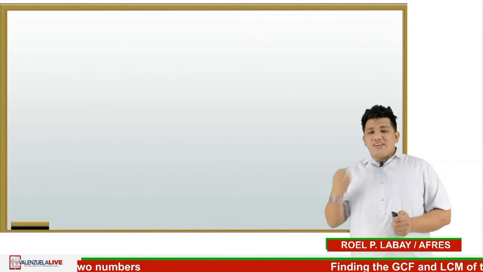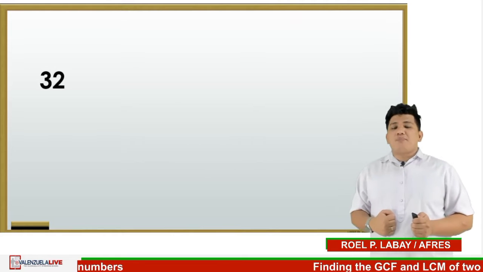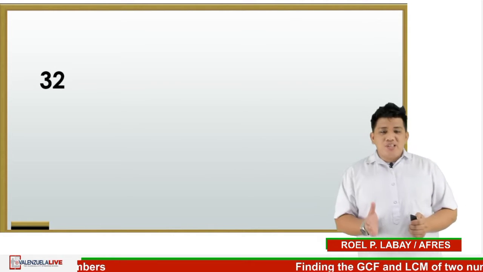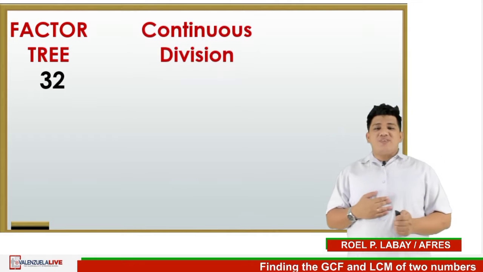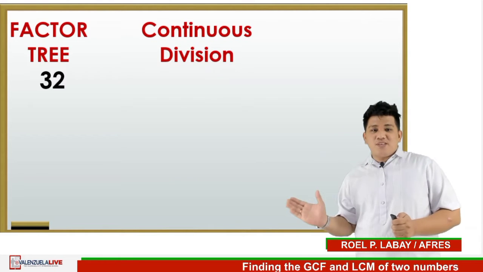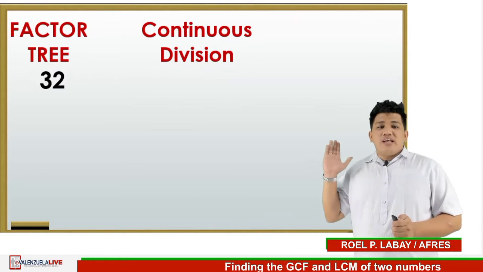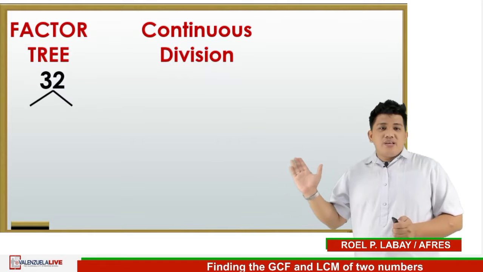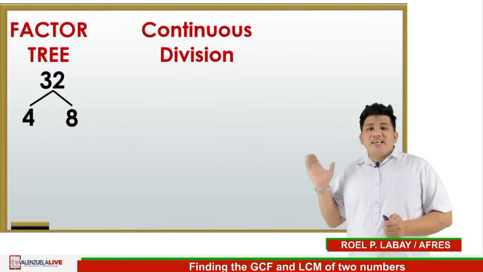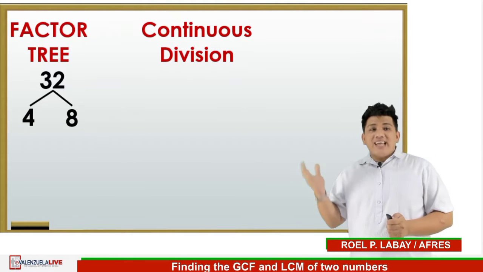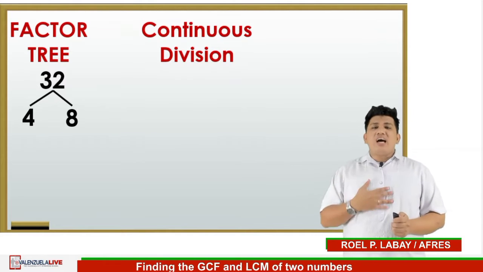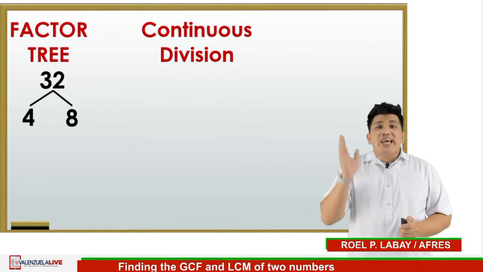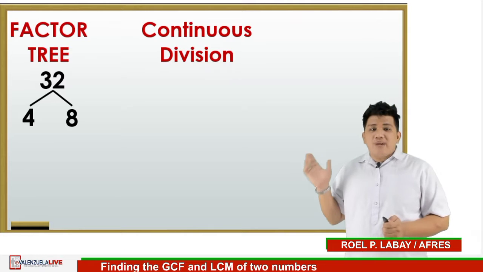Now, let's have another example. Let's get the prime factors of 32 by using again the factor tree and the continuous division. To get the prime factors of 32, let's factor 32 into 4 times 8. But you can also use 2 times 16. However, 4 and 8 are not primes.